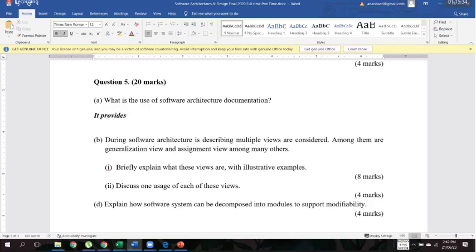It provides a high level system description, in very simple terms, capturing vital design choices.